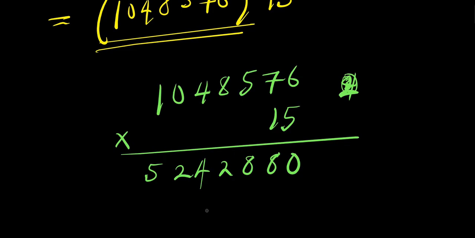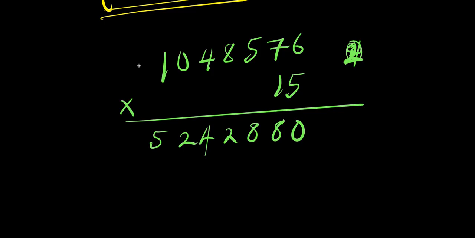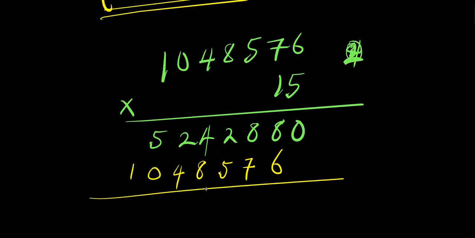Now 1 will multiply everything. 1 times 6, 6. 1 times 7, 7. 1 times 5, 5. 1 times 8, 8. 1 times 4, 4. 1 times 0, 0. 1 times 1, we have 1.